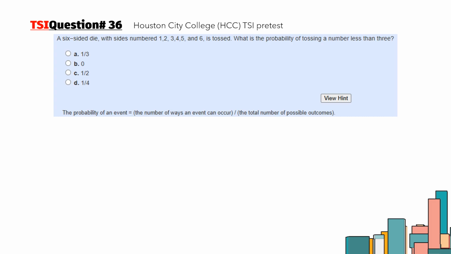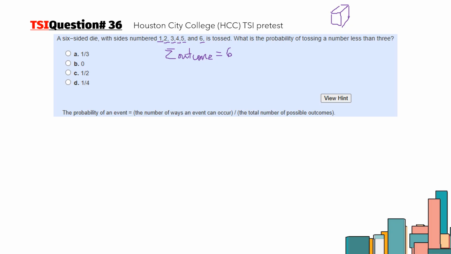Okay, so let's list out. They already list out for you the total number of possible outcomes, which is 1, 2, 3, 4, 5, 6. So you have total outcomes equal to 6. Remember the cube has 6 sides.